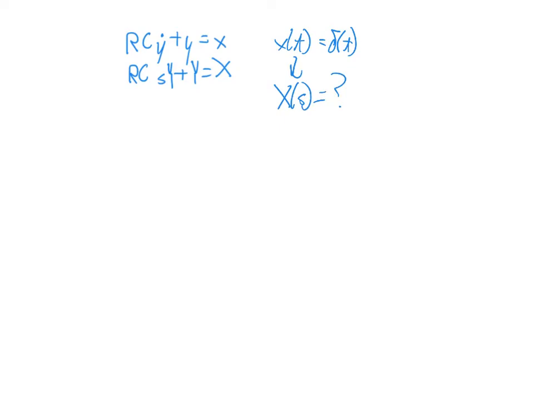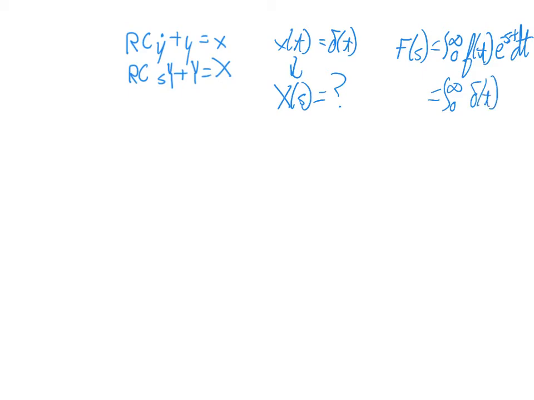So let's look at the definition of the Laplace transform. And into this, we need to substitute in the delta function, which is our input. And this is going to be understood there to be 0 minus.